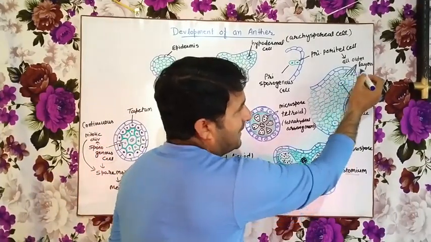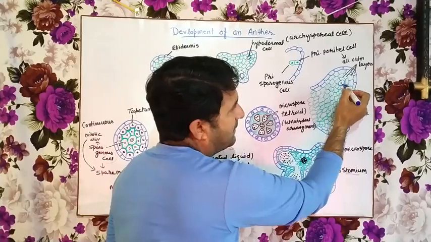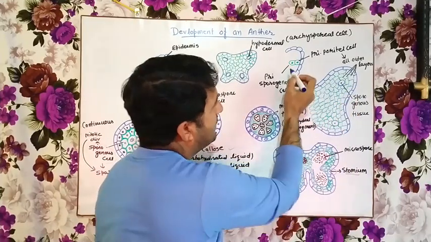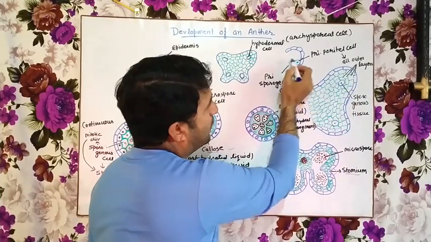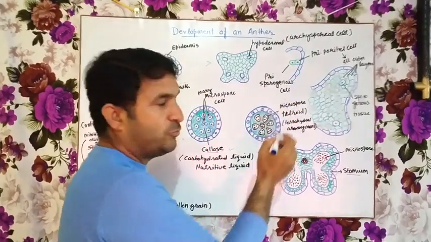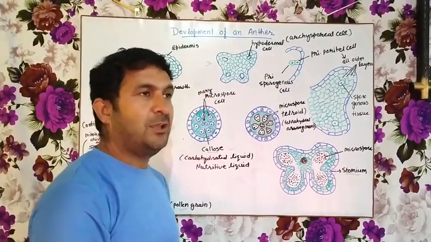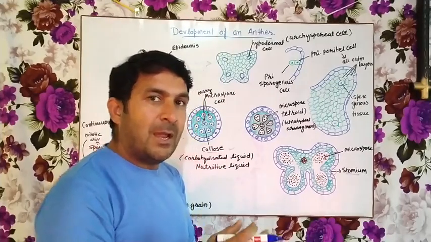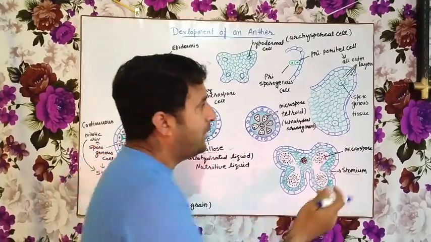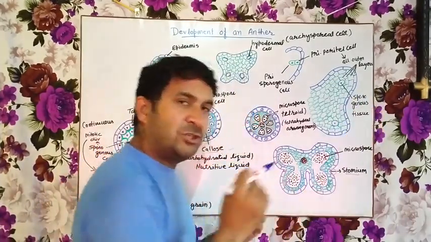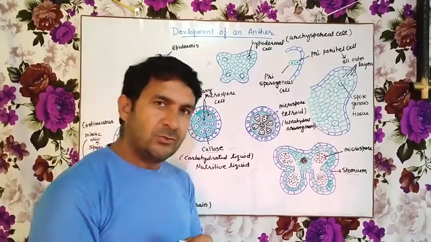Inside all the layers you can see this sporogenous cell, which is the primary sporogenous cell. Actually, it develops and converts itself into the sporogenous tissue. A group of cells is called a tissue, that you know.